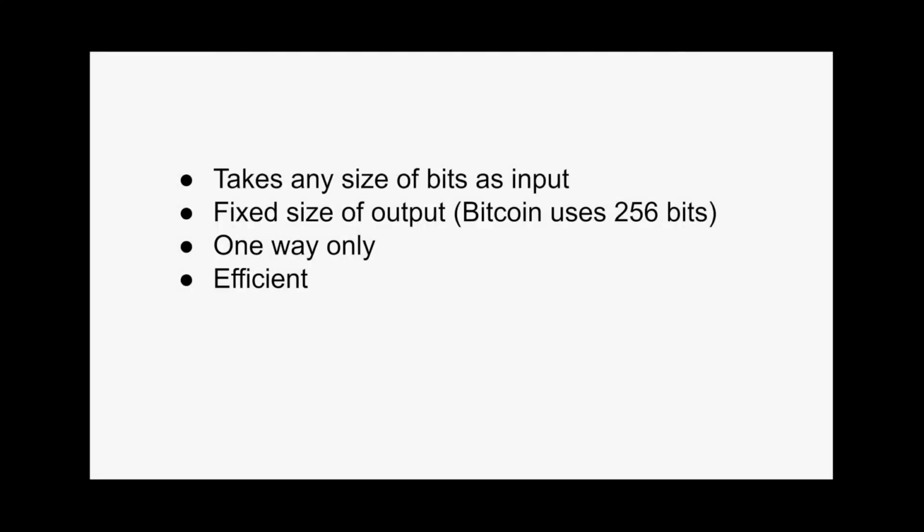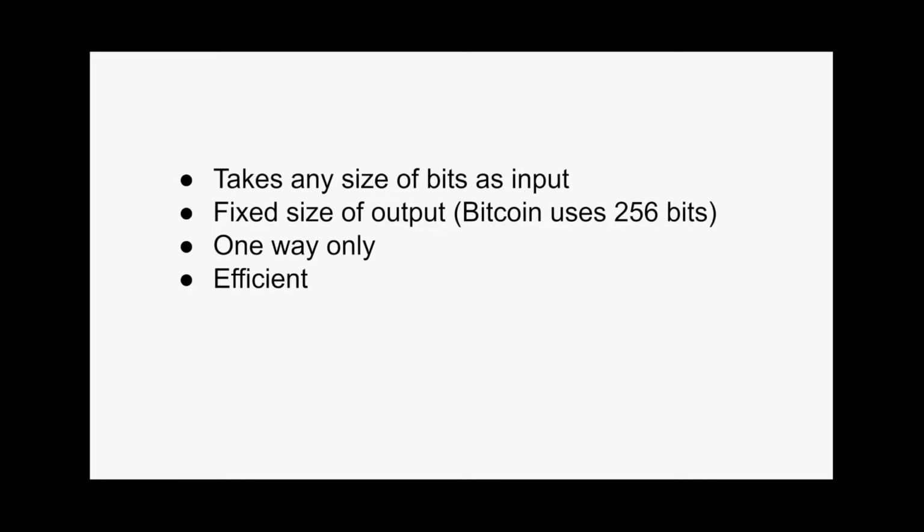A hash function is a function which takes any size of bits as input. It could be a text file or even a video file, audio file, anything, and provides a fixed size of output. Bitcoin uses a 256-bit output size. And this function is one way only, meaning even if you get the hash value of the input, there's no chance you can calculate the input.